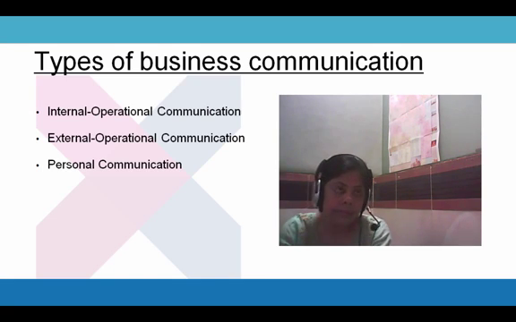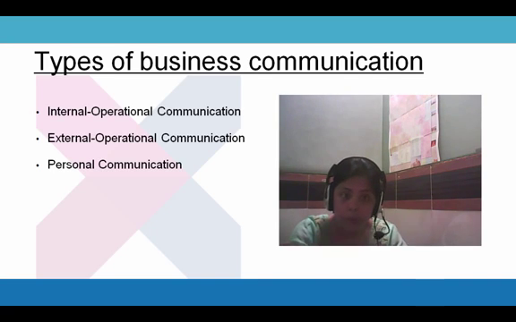For example, if it's a manufacturing industry, there must be suppliers of raw materials, or if it's a wholesaler, there must be suppliers. There are many types of suppliers, then there are customers, the general public. That also comes in external operational communication, and income tax offices, sales offices.